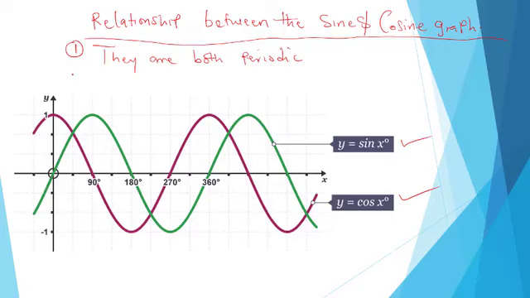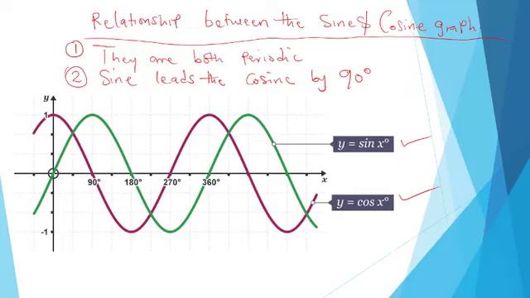Now, another thing you should notice is that sine leads the cosine by 90 degrees. That is to say, now they started from here. Look at when they started touching the line apart from the zero mark.